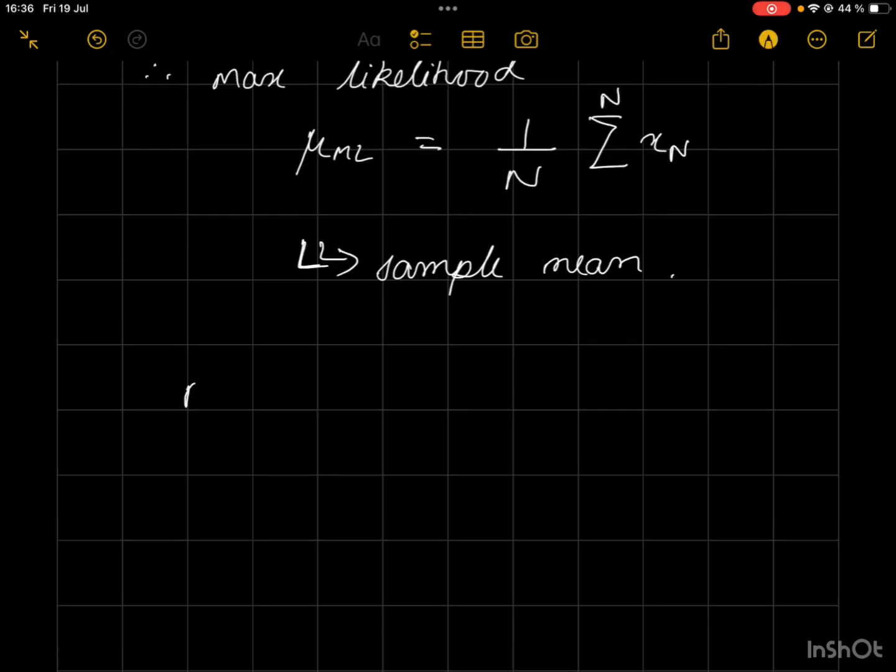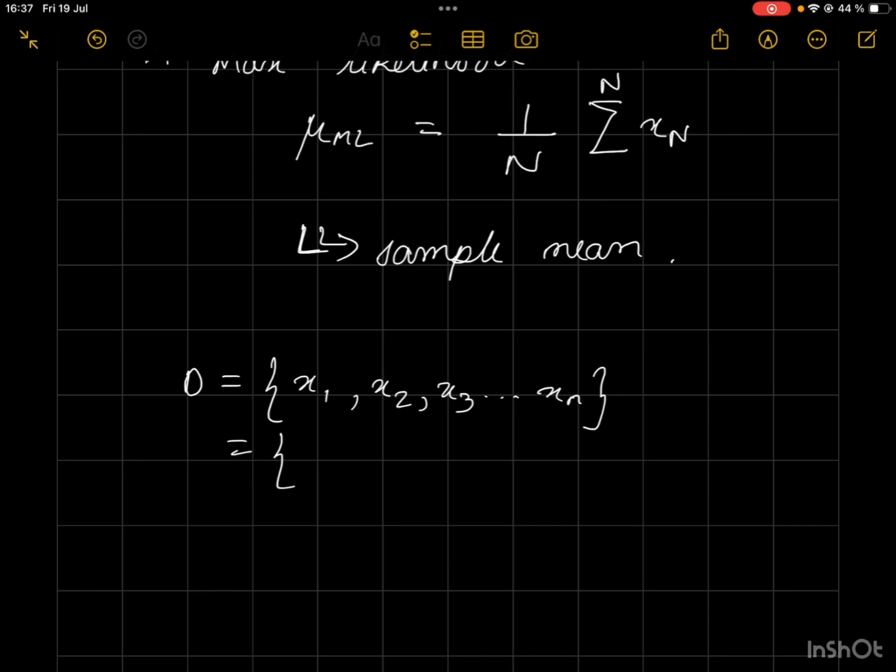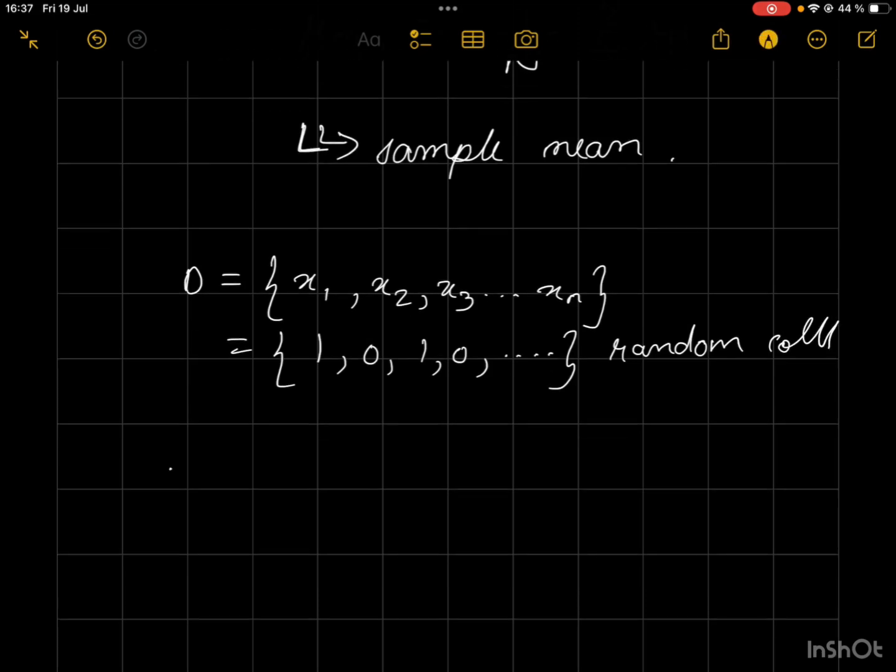The Bernoulli distribution is a set of observations, say x1, x2, x3 until x of n. But x1, x2, x3 are nothing but a random set of observations or collections of ones and zeros.